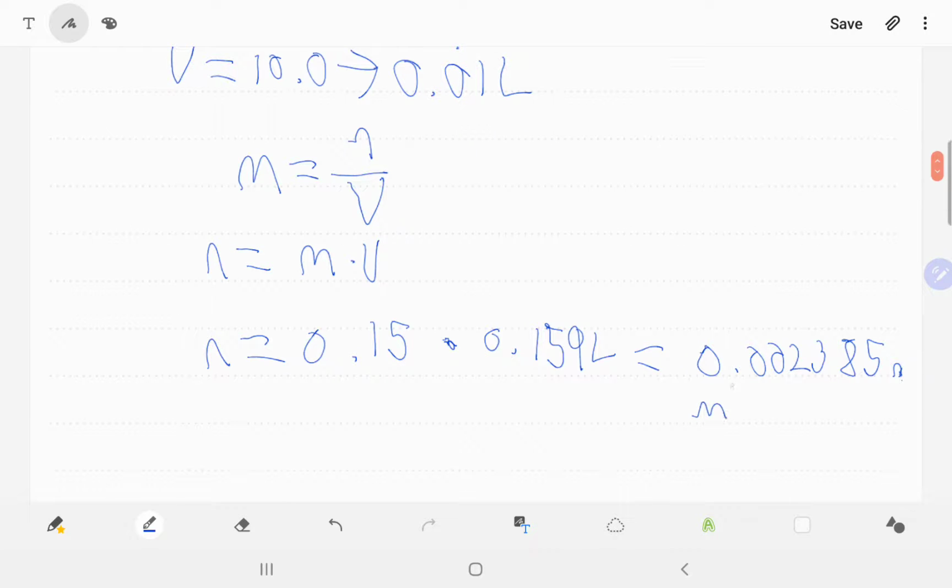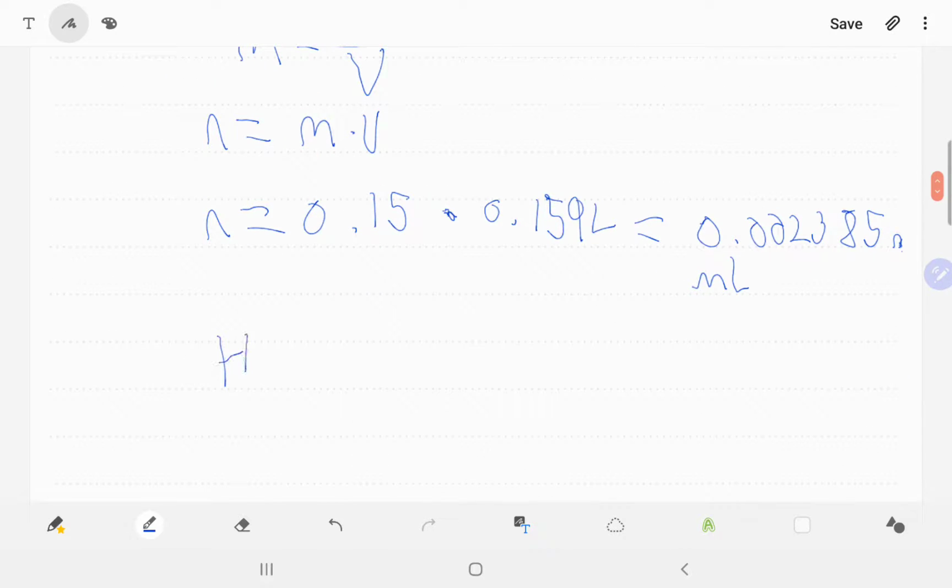Now that you've been given your n for one of the numbers, you now need to look for your ratio. So you'd take H2SO4 and compare it with KOH.